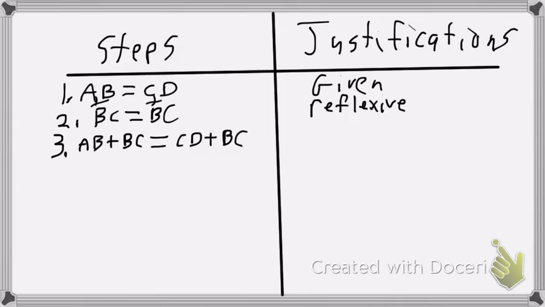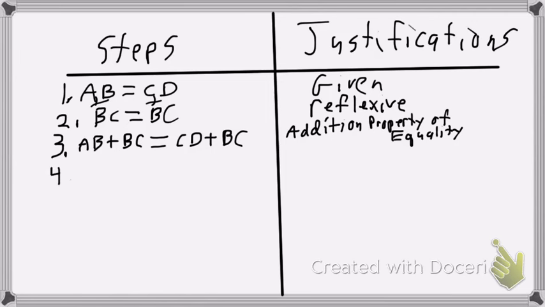Reflexive property. So what allows me to add the same thing to two sides of an equation? Well, that's pretty straightforward. That is the addition property of equality.